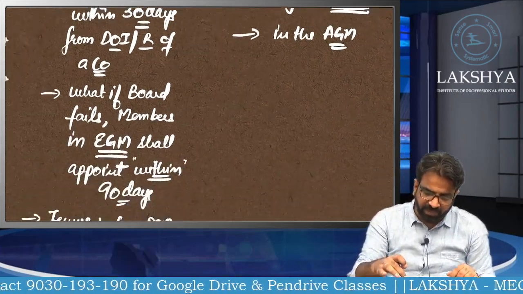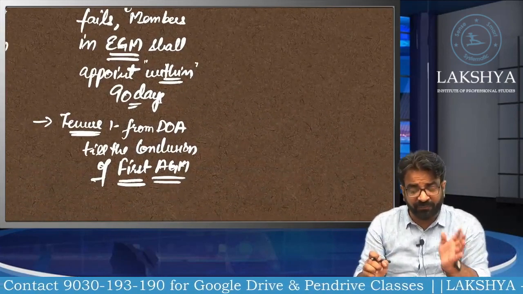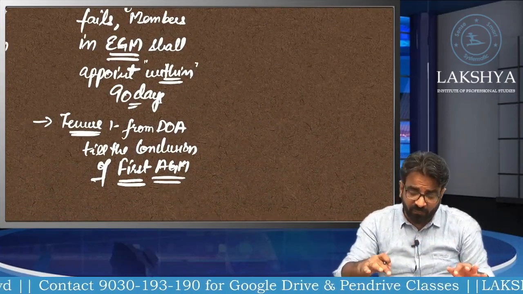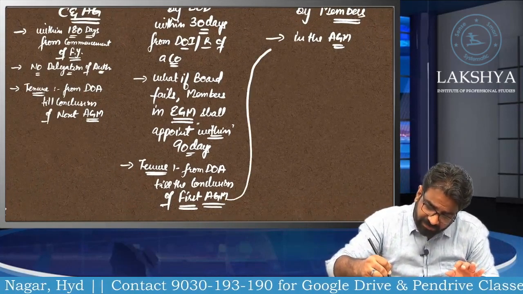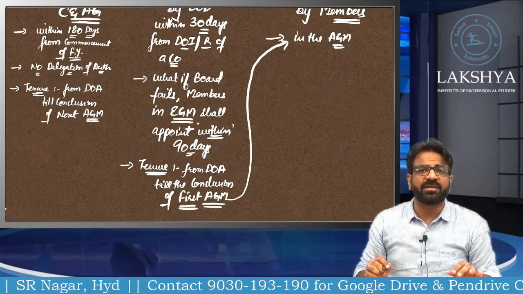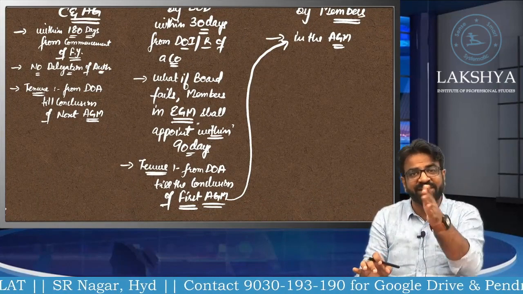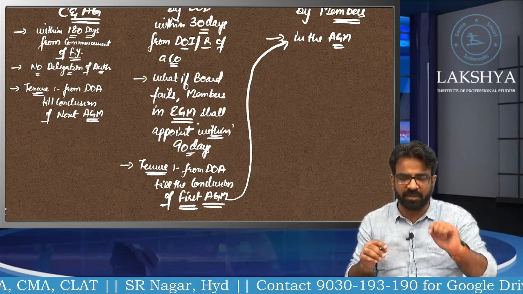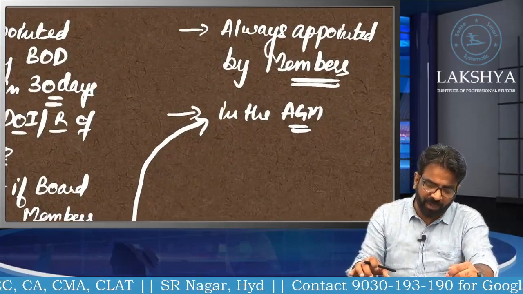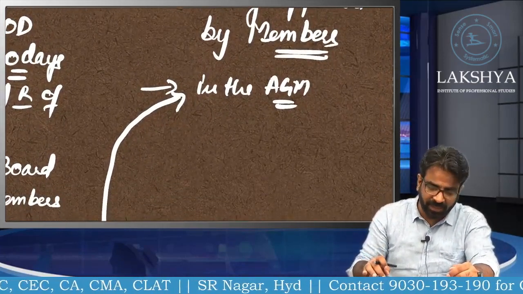Now tell me one thing, whether the first auditor is leaving on the first AGM or not. Yes, at the same AGM. Now see, in the same AGM, we are going to appoint which auditor? We are going to appoint a subsequent, second auditor. So one auditor is going, another one is coming in the same AGM. So members will appoint in the AGM, right or not?